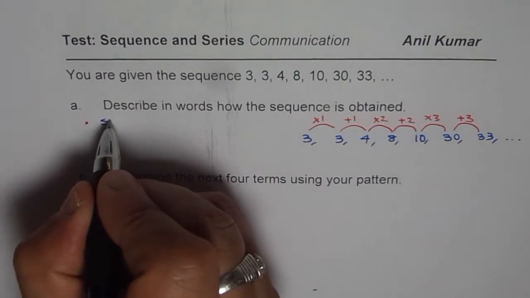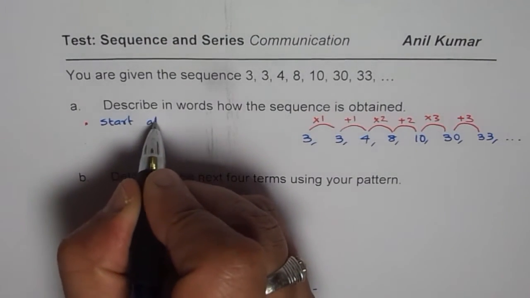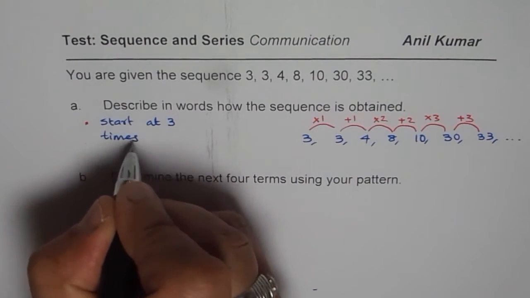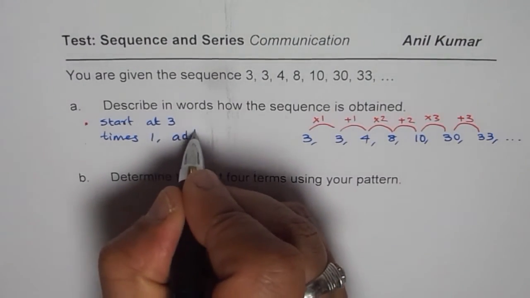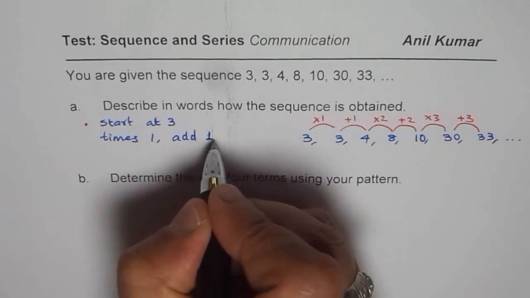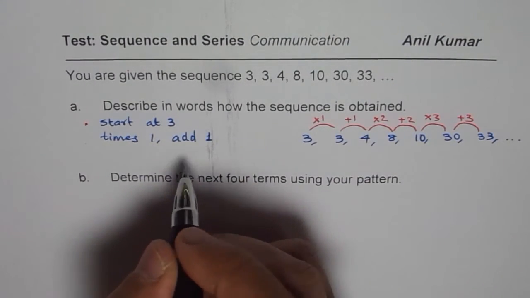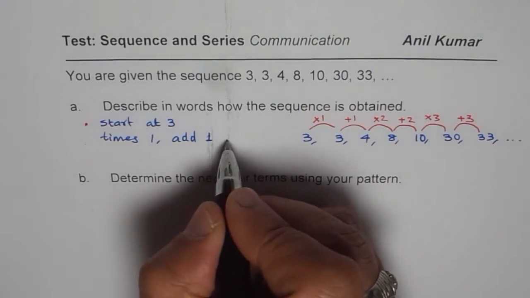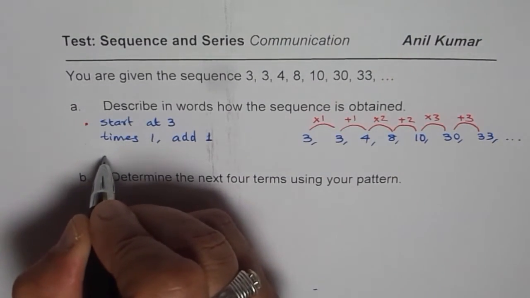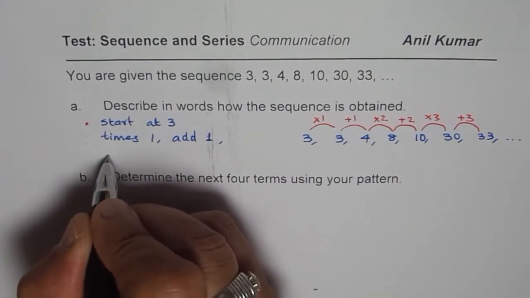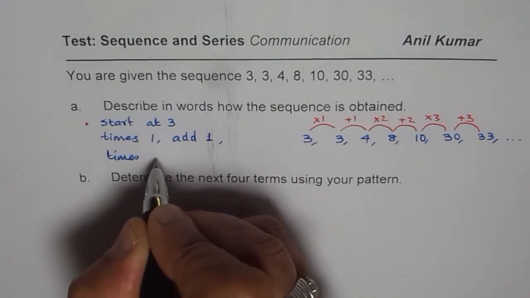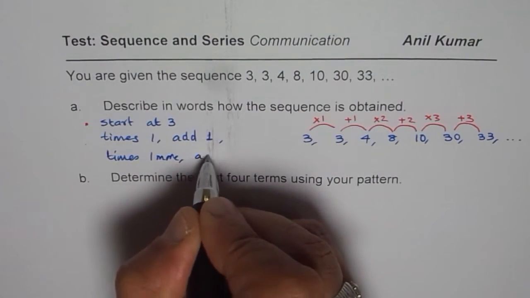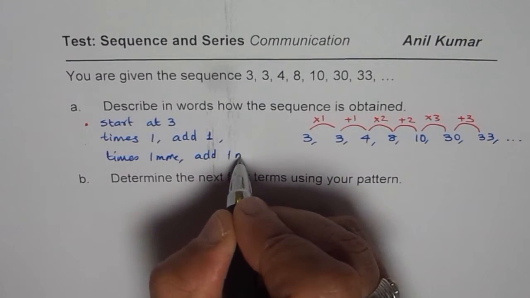So the sequence starts at 3 and then times 1, add 1, and then what do you do? Times 1 more and add 1 more, right? And then each time, the next step you do times 1 more, and add 1 more.